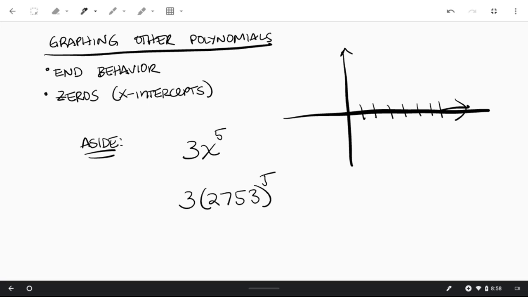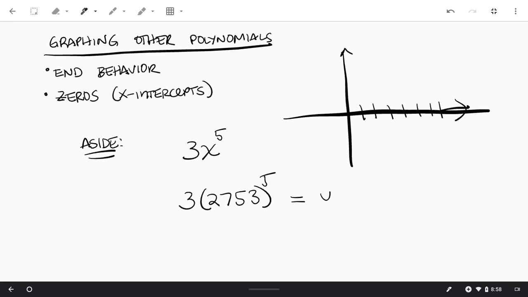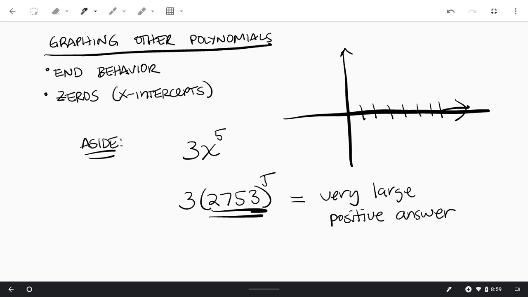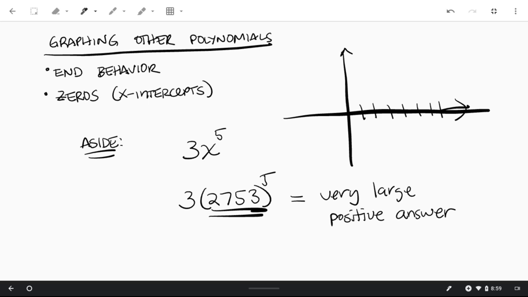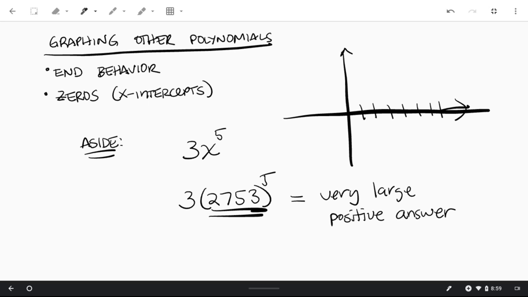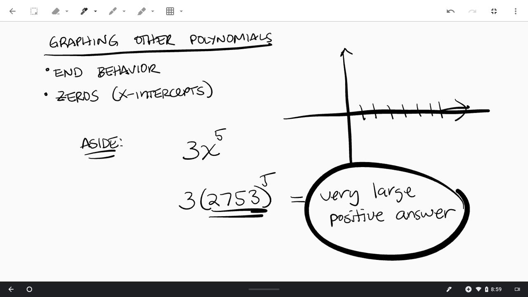Hopefully you said you're going to get a very large positive answer, right? So if I choose an even bigger number than 2,753, like if I pick a number in the millions, or in the billions, am I going to get a very large positive answer or a very negative answer? We will still get the same result.